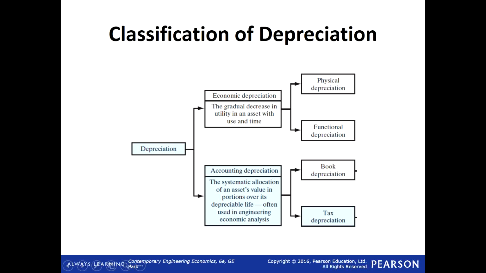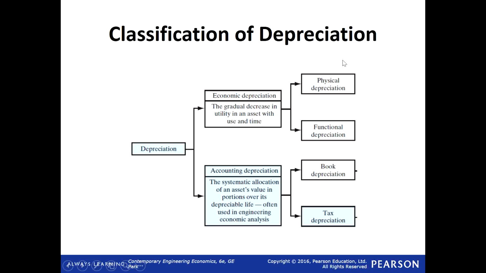So basically we have two types of depreciation: economic depreciation and accounting depreciation. Now, economic depreciation we have just discussed, right, that it's a gradual decrease in the utility of an asset with the use and time.